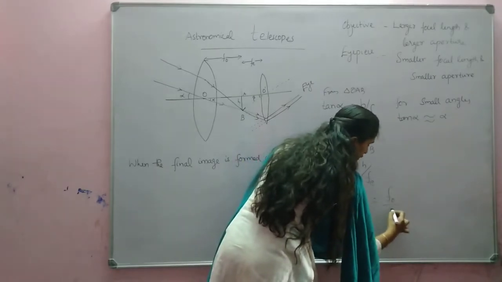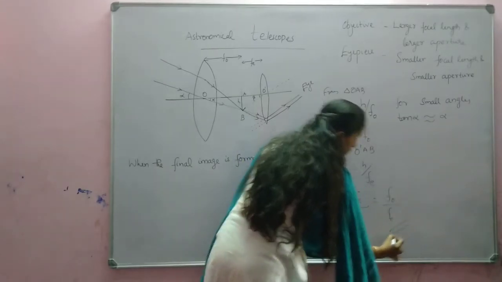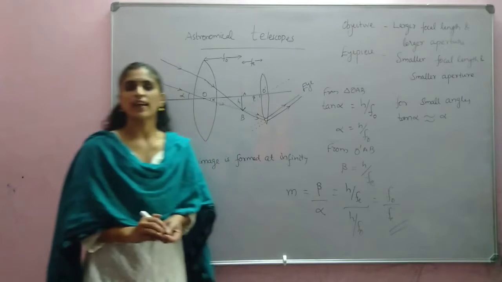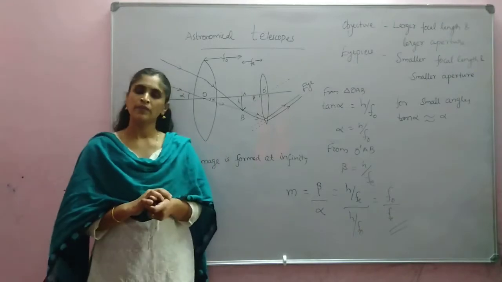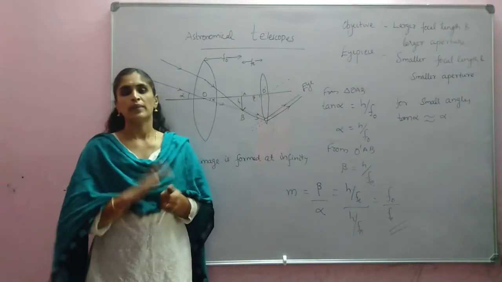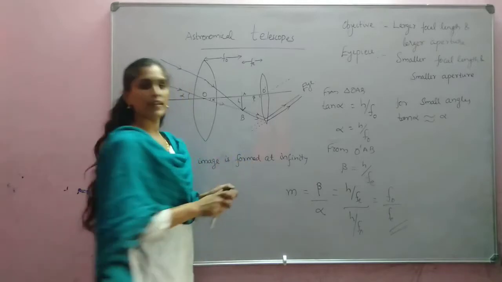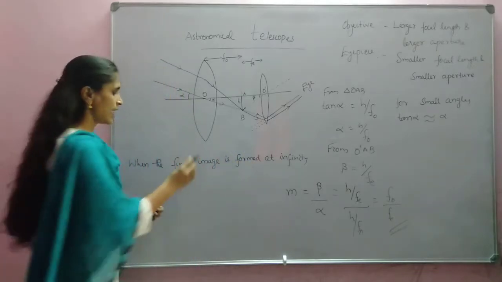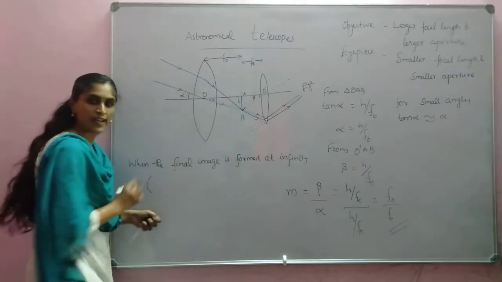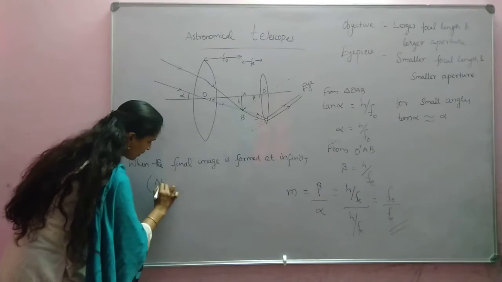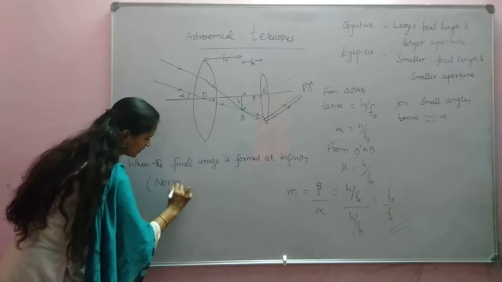Fo by Fe is the magnifying power of the telescope. Okay, magnifying power of the telescope when the final image is formed at infinity, and this condition is also known as normal adjustment position.